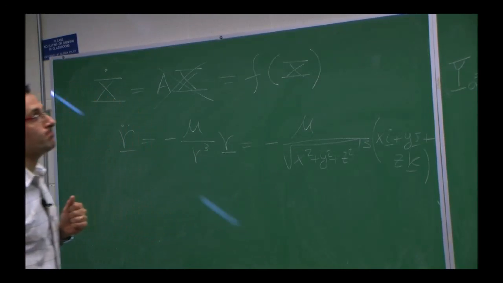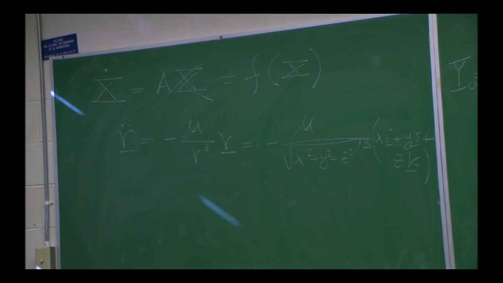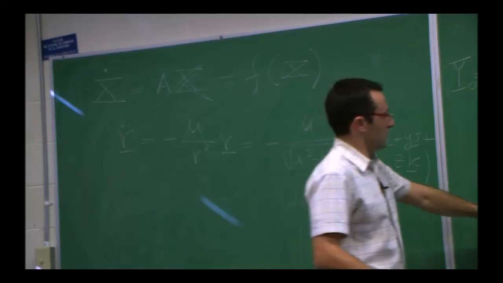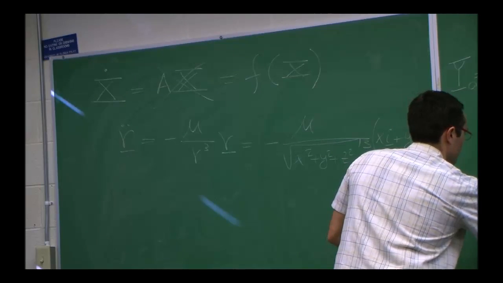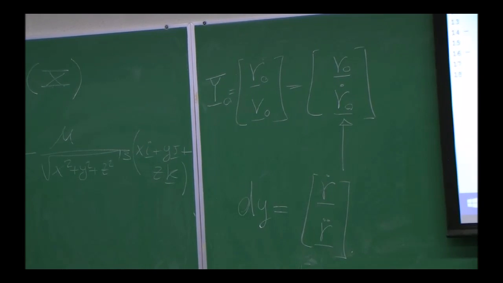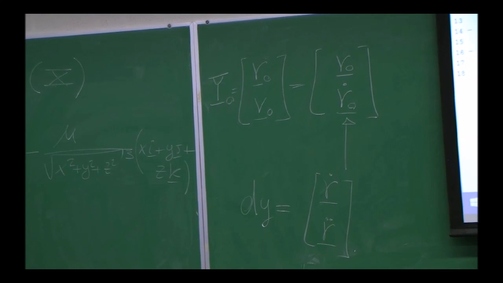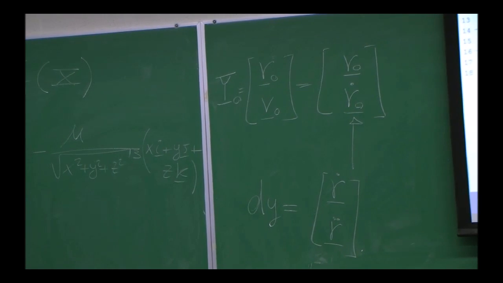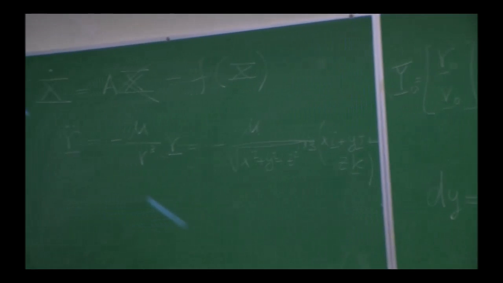Correct? That is my r double dot vector. So I'm putting together this thing here. This is what I'm trying to spit out of this function, that the output of this function will be r dot and r double dot.